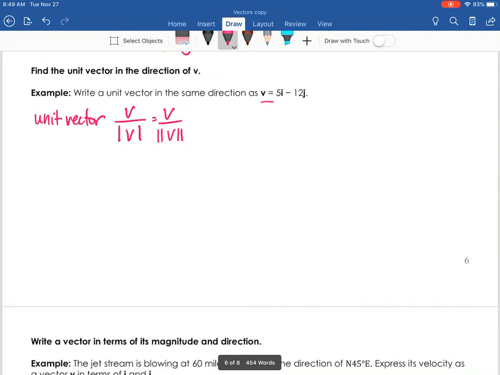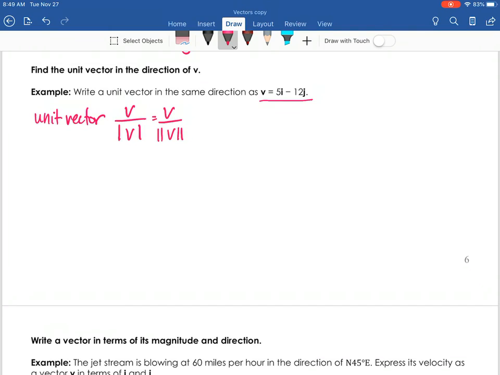Okay, so we need to find the length of vector v. I'm going to take the square root and square each component, the horizontal component plus the vertical component. Don't forget, if you're using the negative in there, to make sure you put parentheses. Otherwise, just leave the negative out because it's going to become positive anyways.